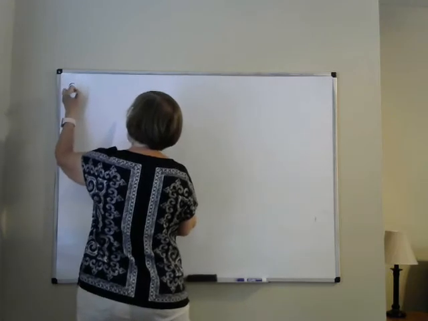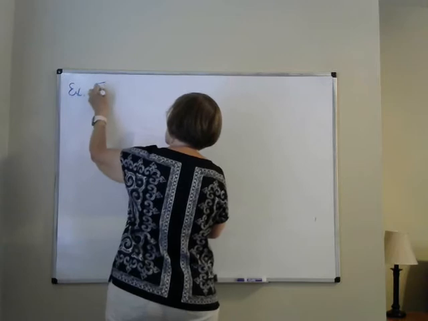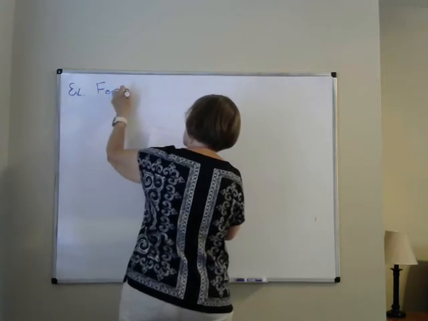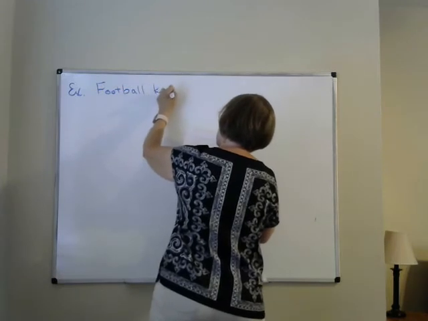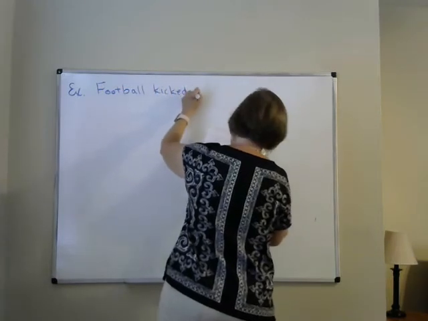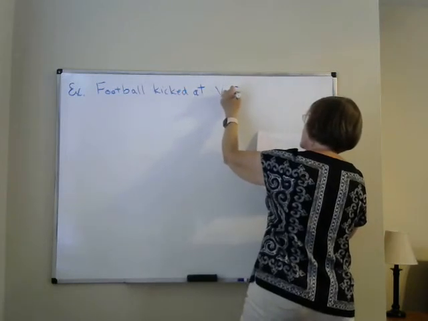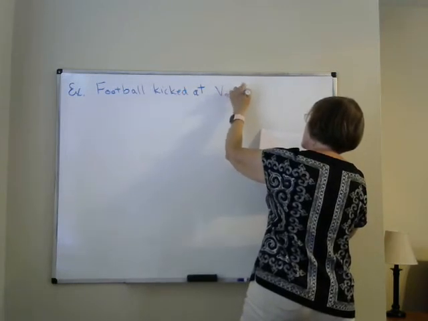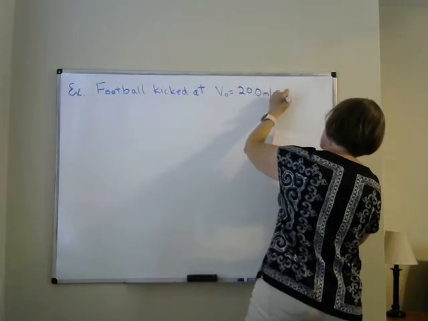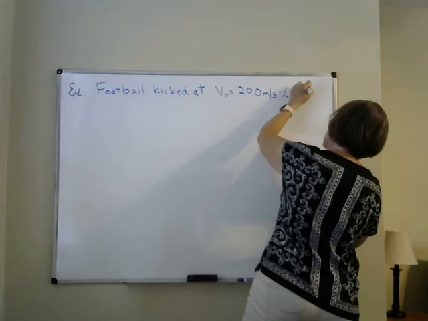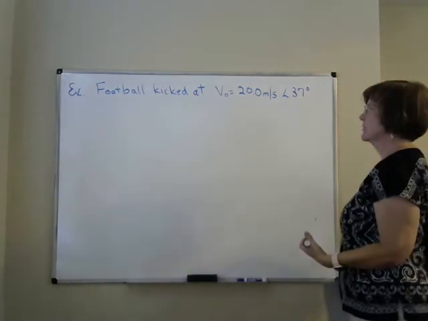Let's let somebody kick a football with an initial velocity v0 of 20 meters per second at an angle of 37 degrees. So we're kicking it 37 degrees above horizontal.